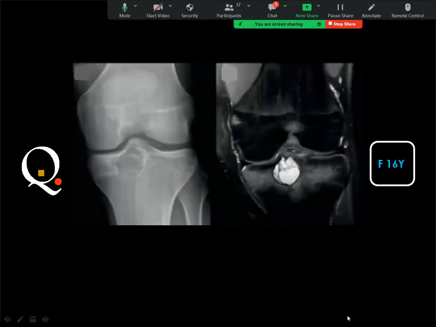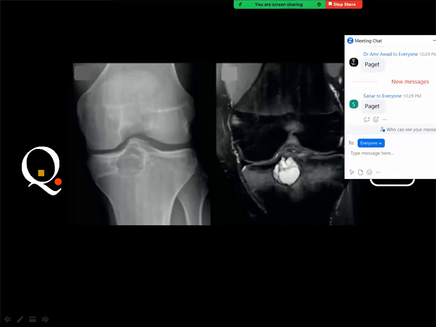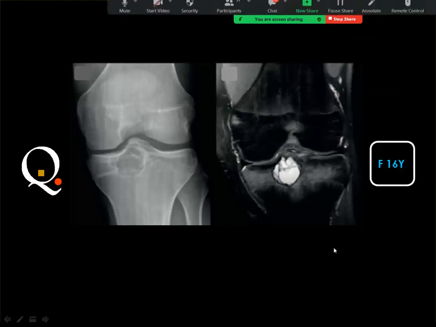Next case is a female, 16 years old, with a lesion in the tibia. Yes, and this is chondroblastoma, the right answer.